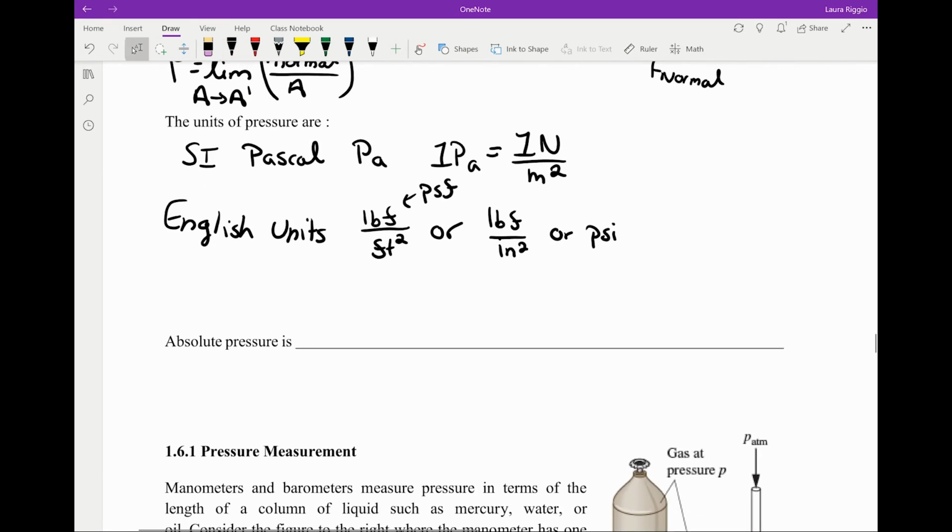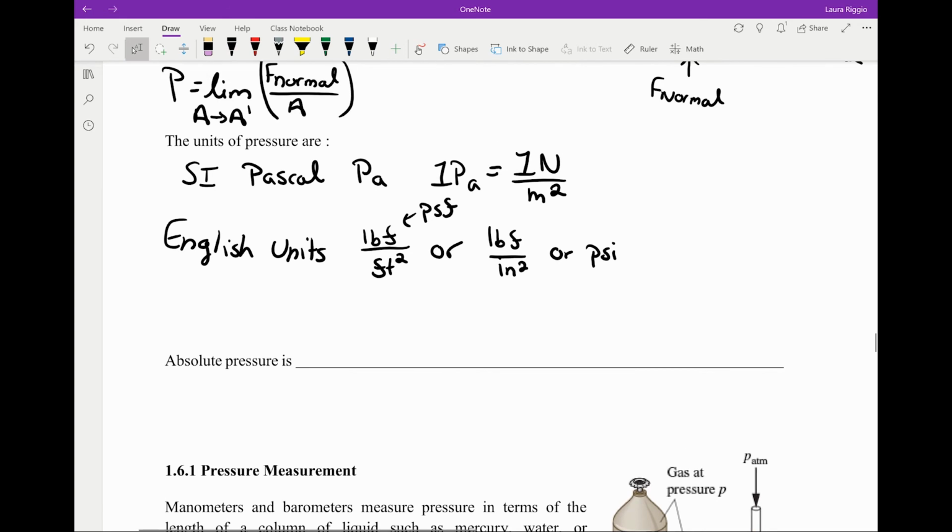And then we also have one standard atmosphere, or ATM.